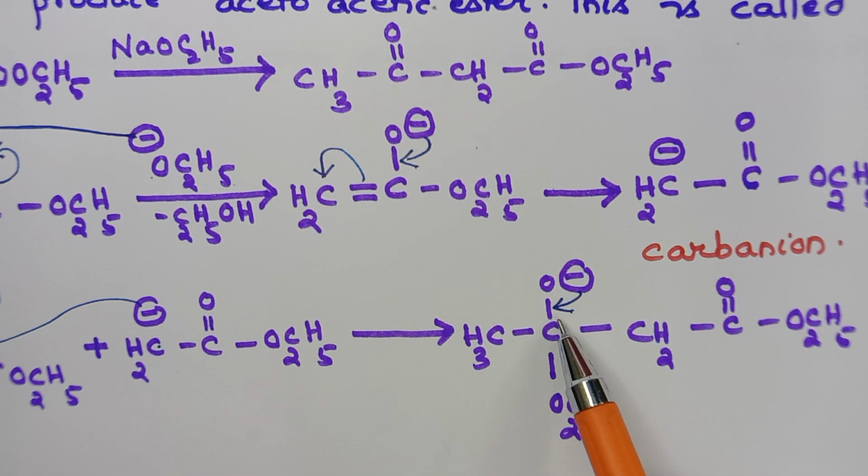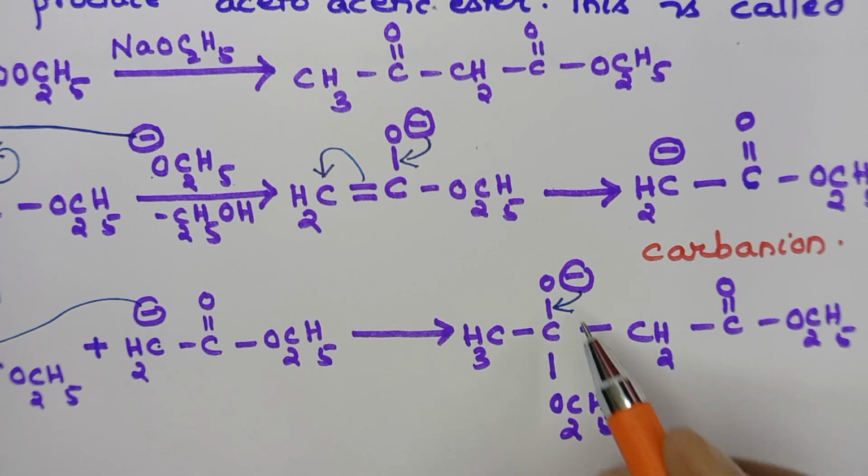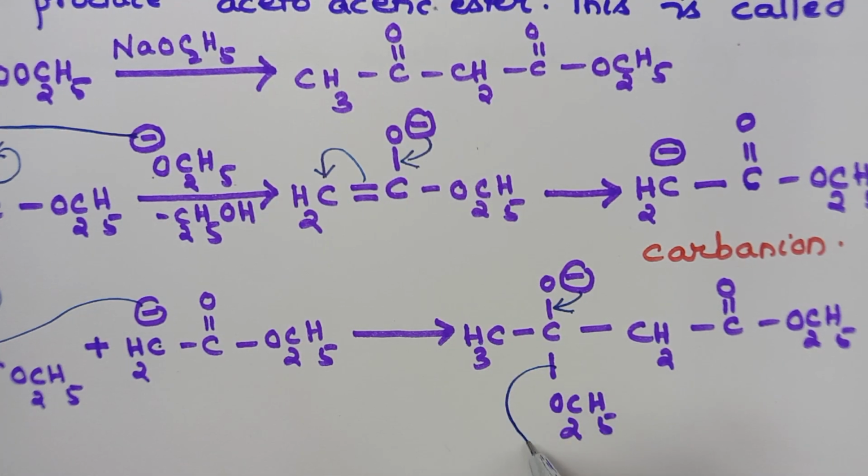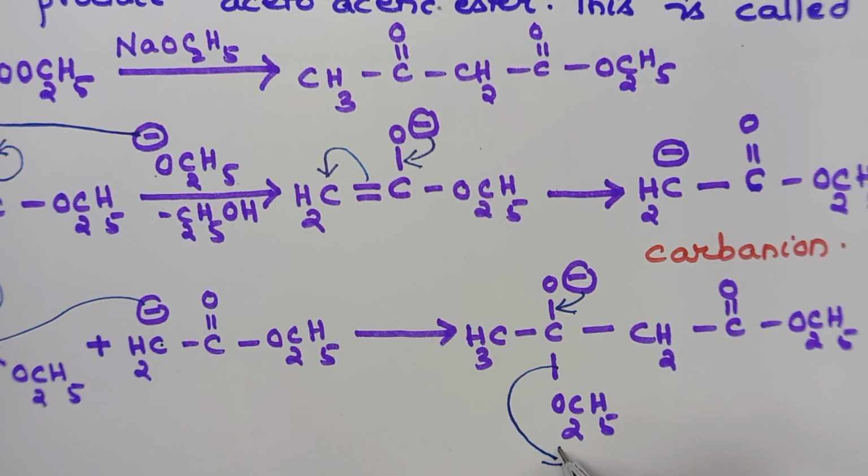So if here a double bond is being formed, C will be having 1, 2, 3, 4 and 5. Okay. So carbon valence is only 4. When this is coming back, immediately this OC2H5 group with this bond comes outside as OC2H5 minus.